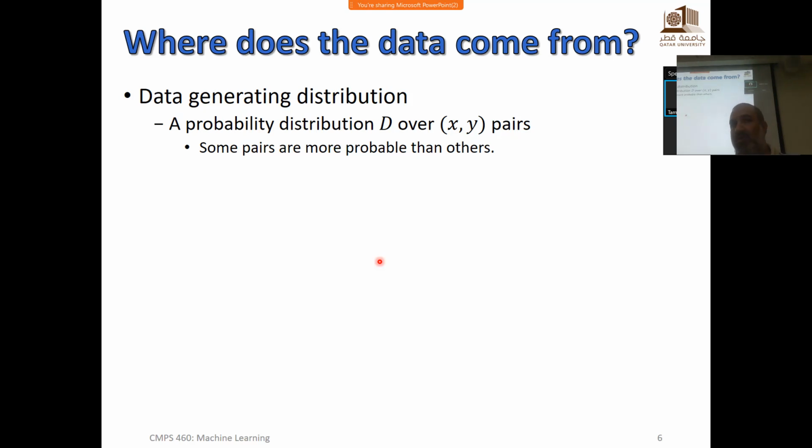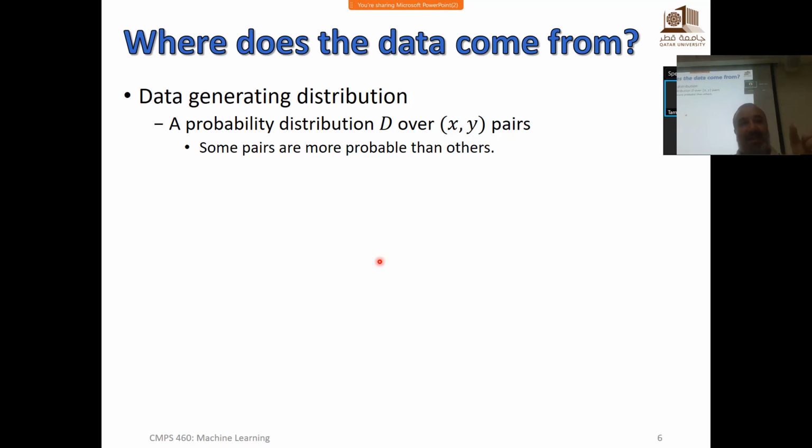Of course you are familiar with what we mean by probability distribution, right? So we will assume that for all the x and y pairs, what is x and what is y here?